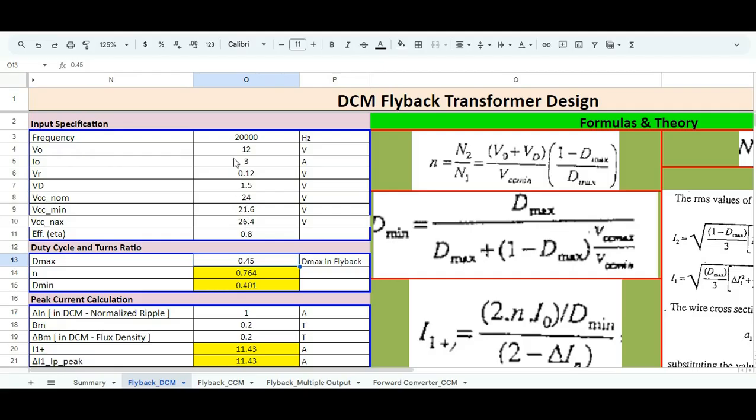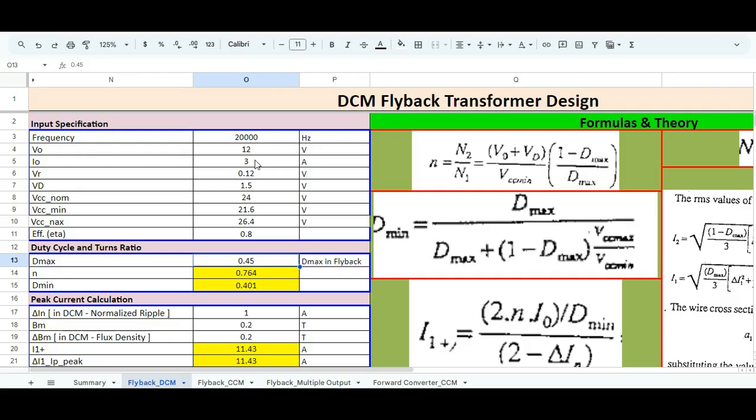If you look at this specification, I want to design a DC to DC converter with the help of flyback topology, and I want to convert from 24 volt to 12 volt 3 ampere output.